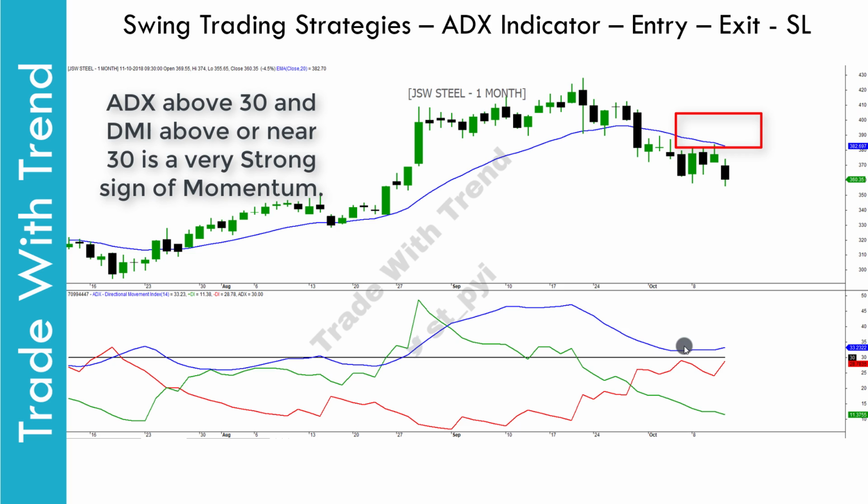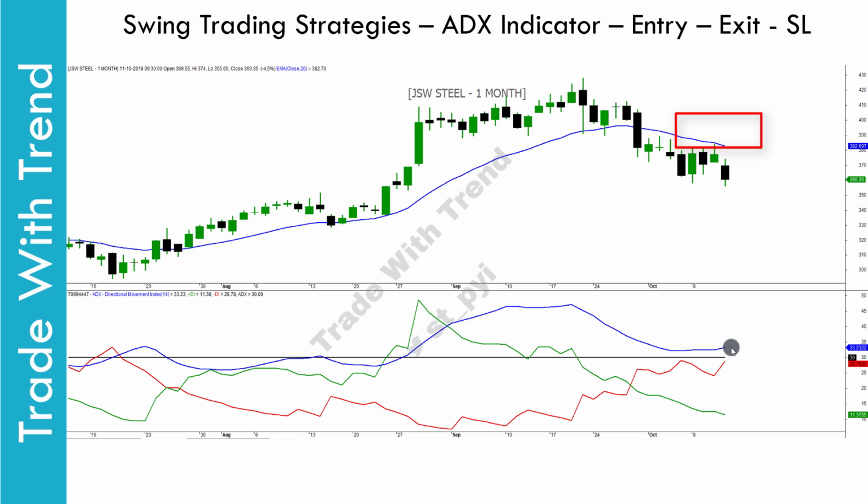Now LBR recommends that ADX should be above 30. That represents a strong signal. So naturally when negative DMI or positive DMI moves near 30 or above 30, that actually signifies an extremely strong trend on the downside or upside, depending on which, negative or positive DMI, is above or near the 30 mark. I hope this particular point is clear as well.